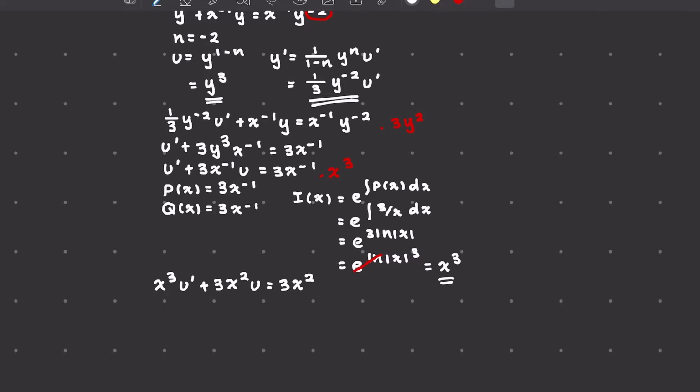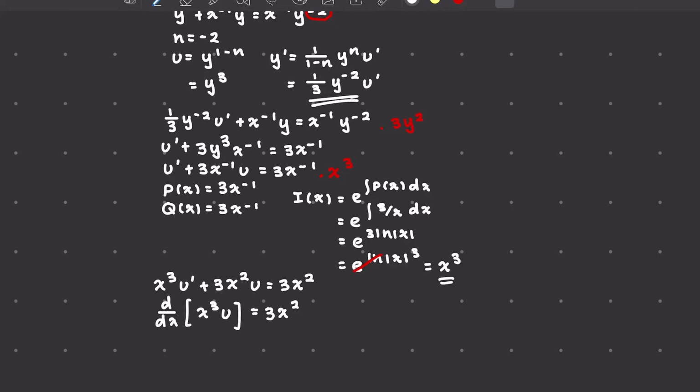And so we can continue, which is d over dx, the derivative of the integrating factor times u, because later we want to make this into a y equals equation, and you know u is a substitution for y to the third power here, and so it equals 3x squared.